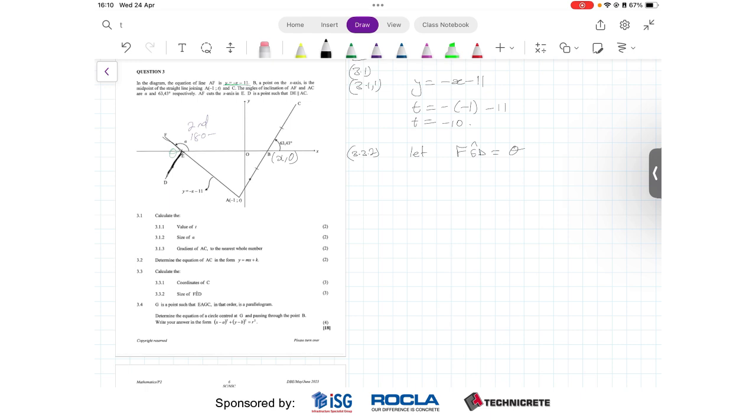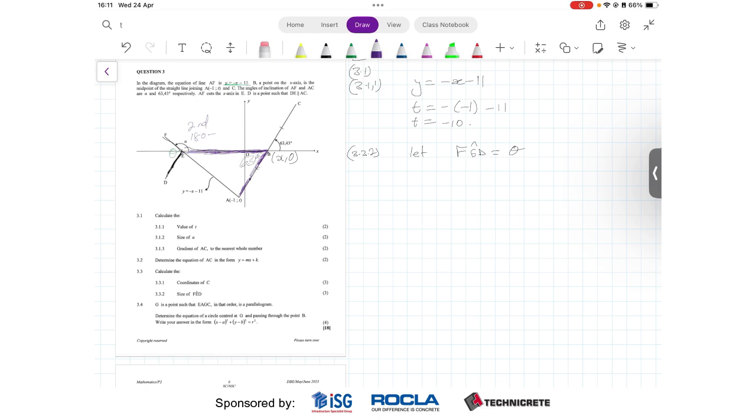Now we already know that this angle right here, angle ABE, is equal to 63.43 degrees.